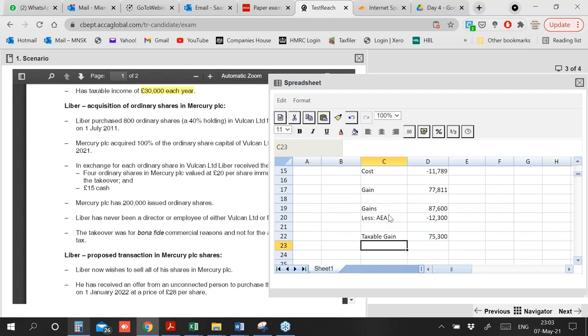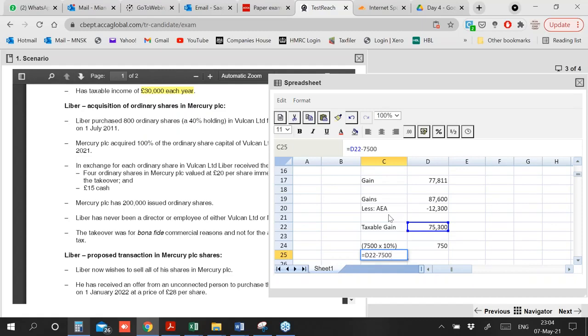So let's calculate her CGT liability. 7,500 will be taxed at 10%, that is 750, and the remaining will be 75,300 minus 7,500, it's 67,800.